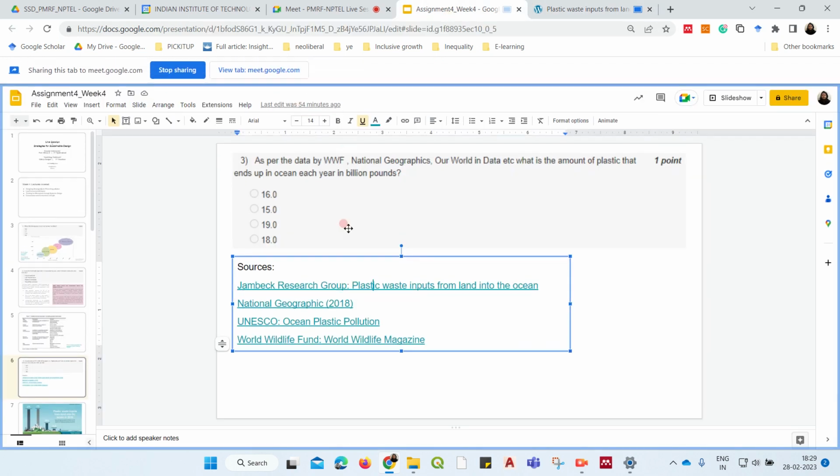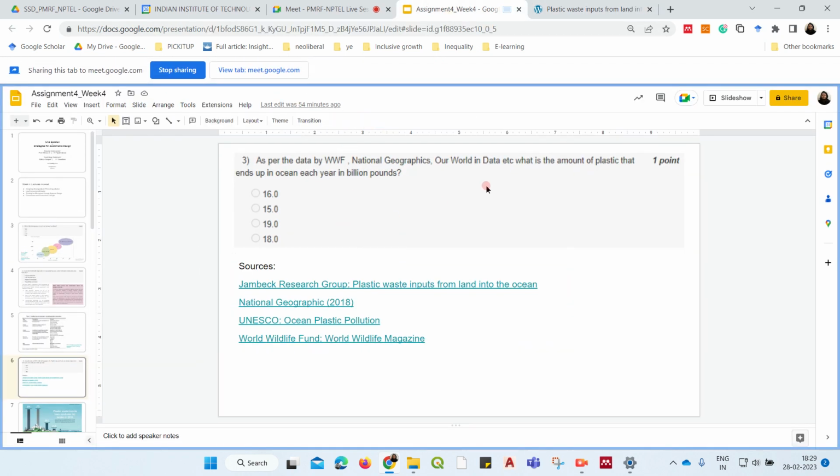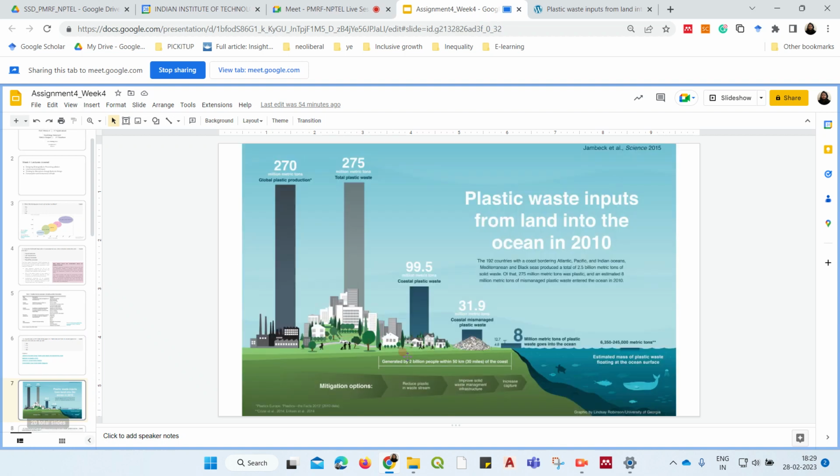So what the question is asking is how much of the plastic in billion pounds ends up in the ocean each year. If you look at this graphic, you see that it is mentioned that 8 million metric tons of plastic waste goes into the ocean. 270 million metric tons is the global plastic production, what is produced annually. 275 million metric tons is what is produced as plastic waste.